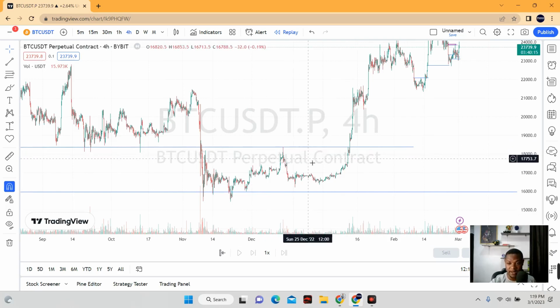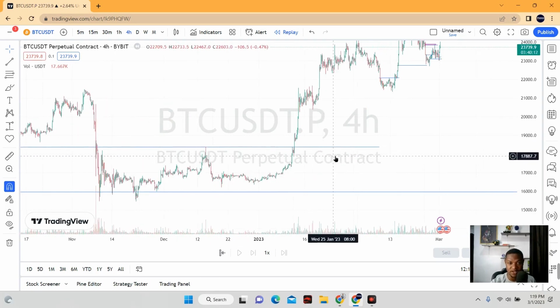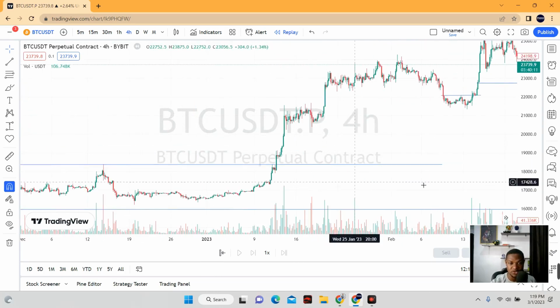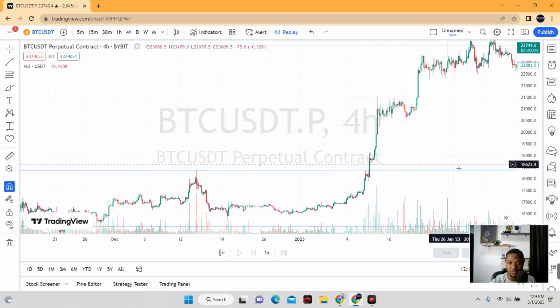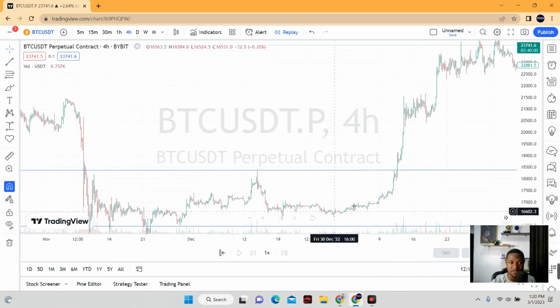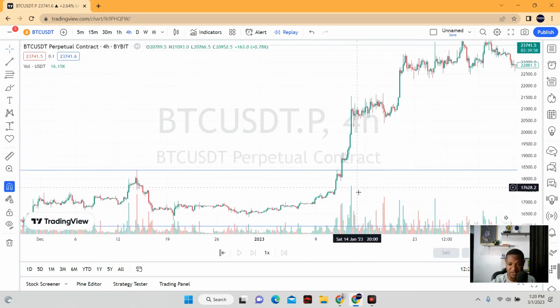You and I are going to be expecting a resistance, but as you can see the market actually consolidated a little bit from that another particular zone and then broke through. After this breakthrough, what you should be expecting as a trader is that market is going to retest this particular resistance as a support.